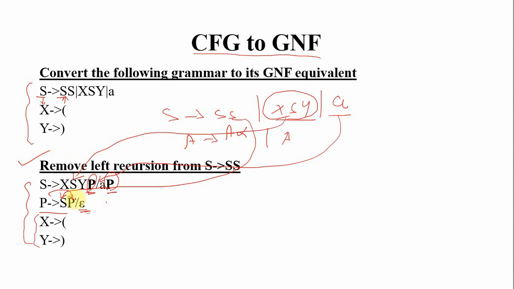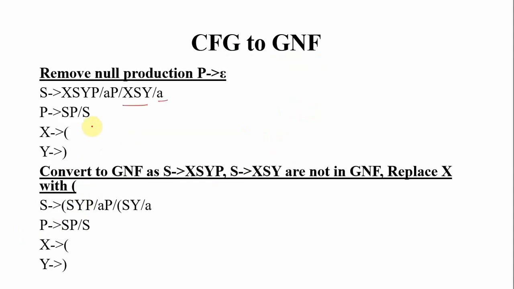Okay, similarly if you substitute epsilon for this p, it will be simply yes. Okay, we have eliminated the epsilon production also. Null production also is eliminated, and this is how we have got the new set of productions after removing the left recursion as well as the null production.